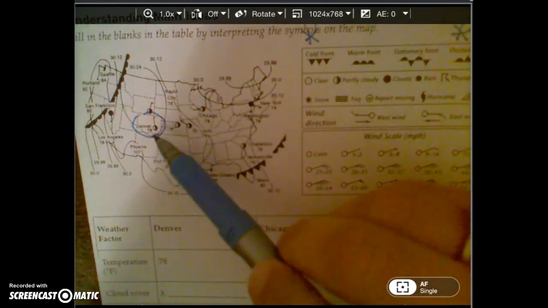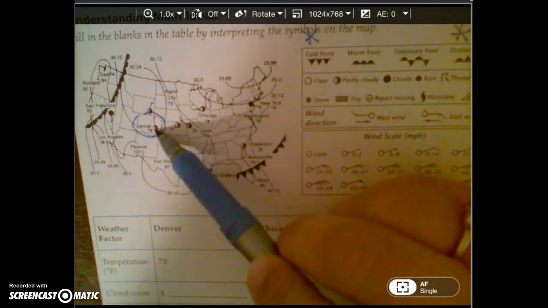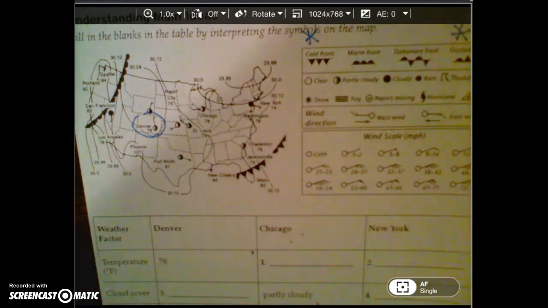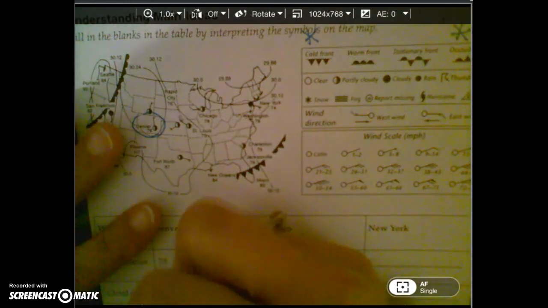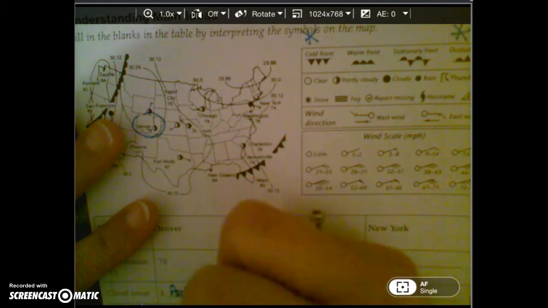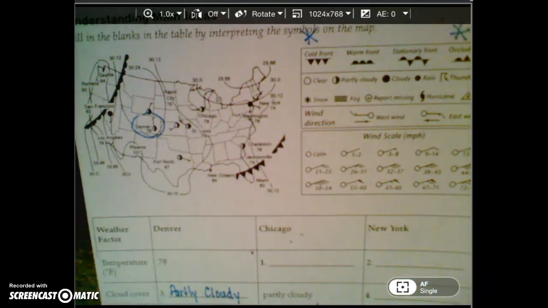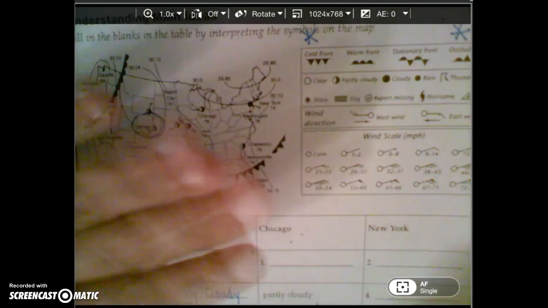So if I look at Denver, I notice that there is a half circle. A half circle stands for partly cloudy. So for that first blank under Denver, I'm going to write partly cloudy. Okay? Partly cloudy.